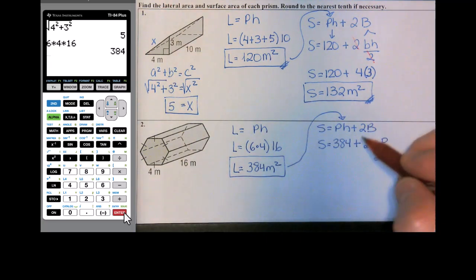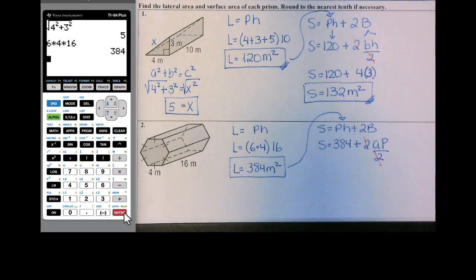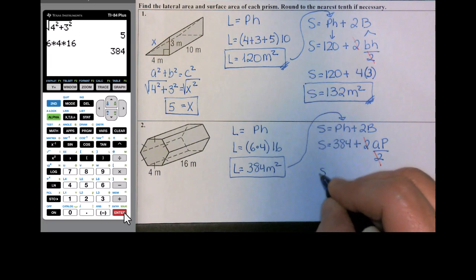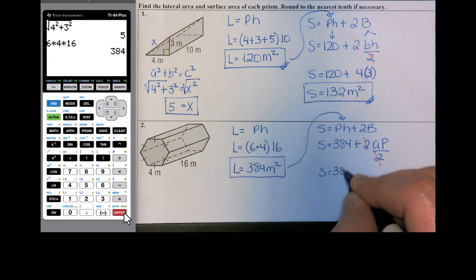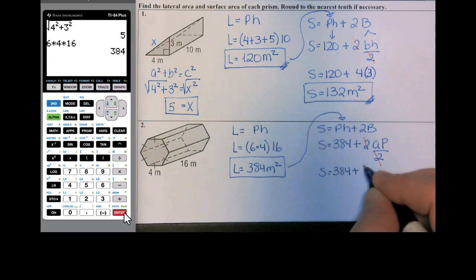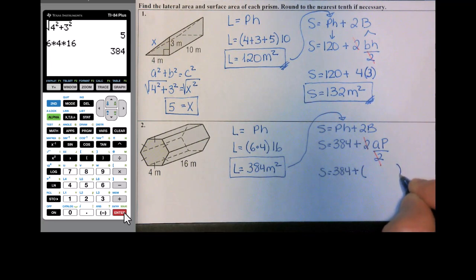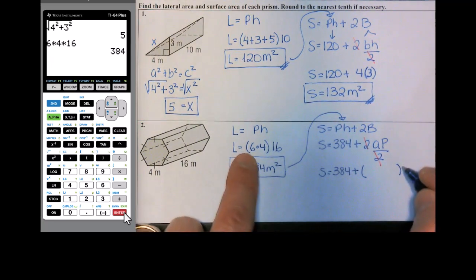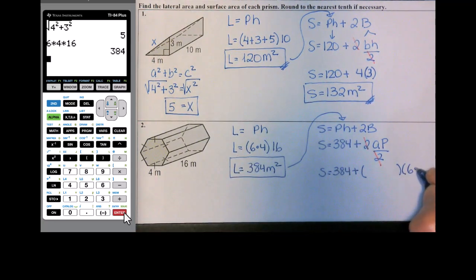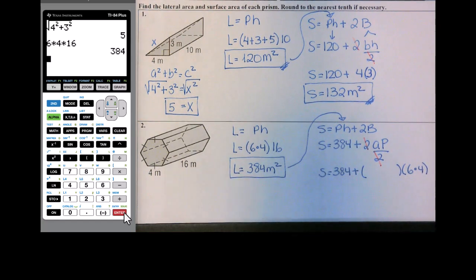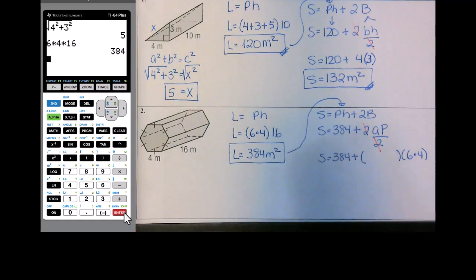Again, here I can cancel the 2's. That makes my formula a little bit simpler. And the question is, do I have the apothem? And the answer is no, I don't. So that's something that we're going to have to find out. The perimeter, just like before, 6 times 4. So we have that. So all that we need to finish this problem is to find the apothem.